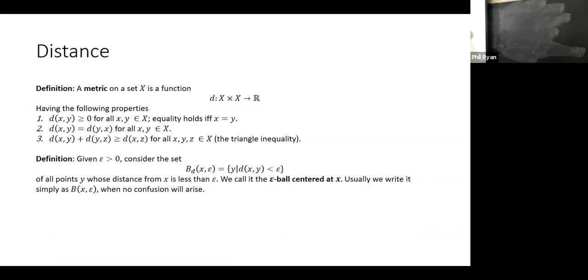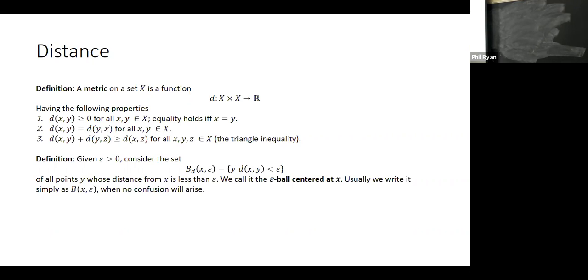It's going to be positive, and it's only equal if at the same point, so the distance from x to x is 0. It's symmetric, and it satisfies the triangle inequality. So you've seen this before, right? Okay. And the nice thing it gives us is these balls.